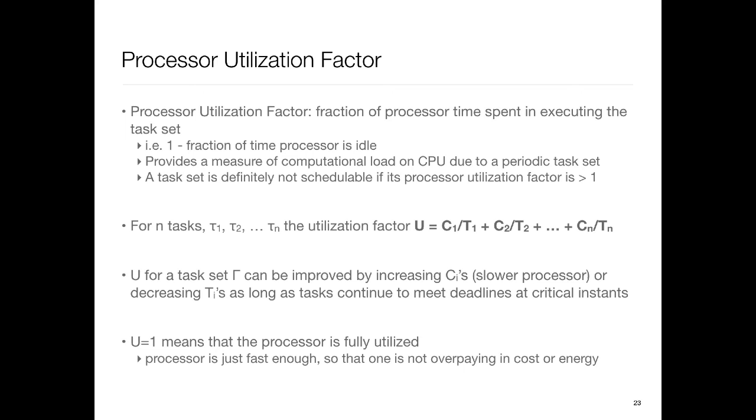Remember, we talked previously about changing voltage and frequency. So if power management comes into play, then power management is basically affecting the C's. It's not affecting the T's. Why is it not affecting the T's? Right, it's decided by the external world. Me changing the clock frequency of the processor is not going to change the rate at which the samples are coming in. So, okay, processor speed affects C.